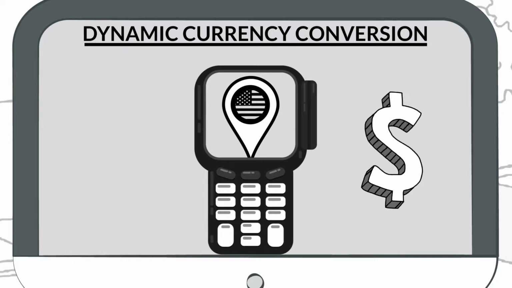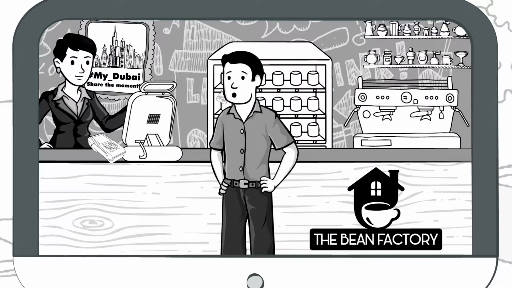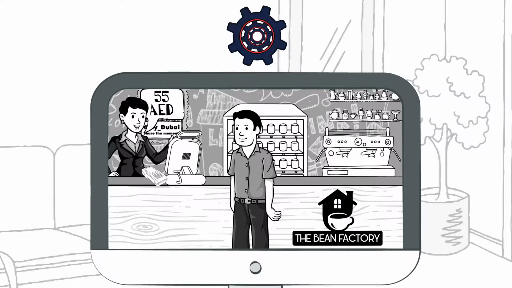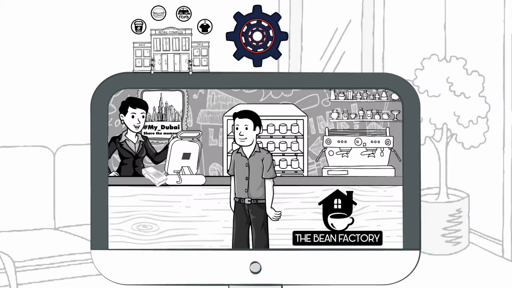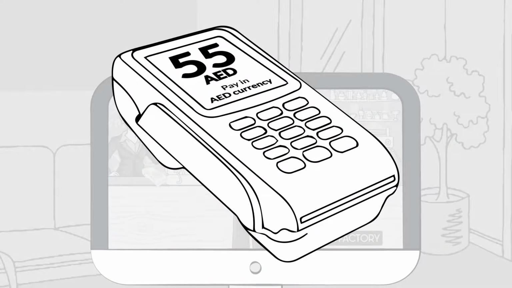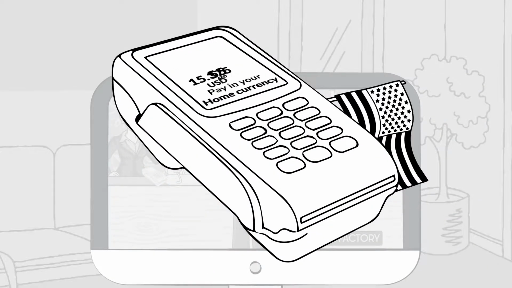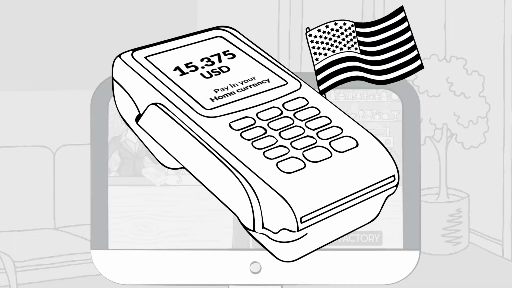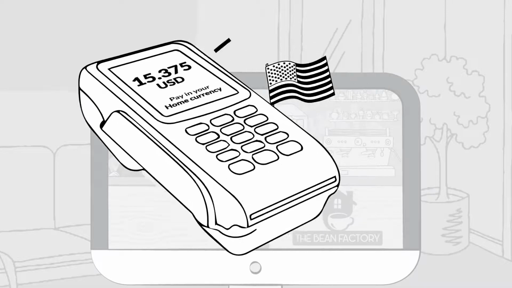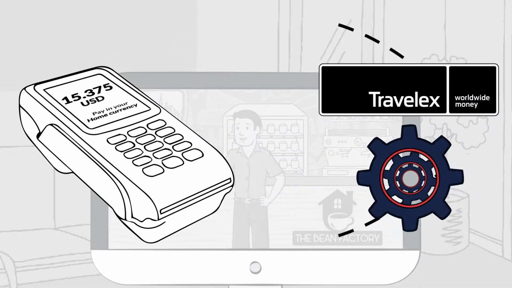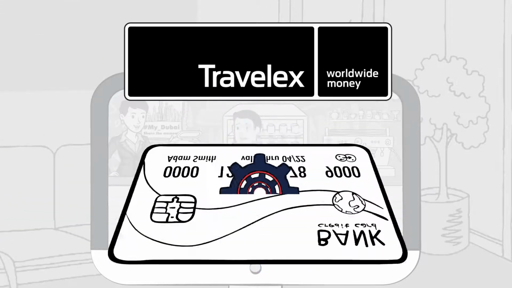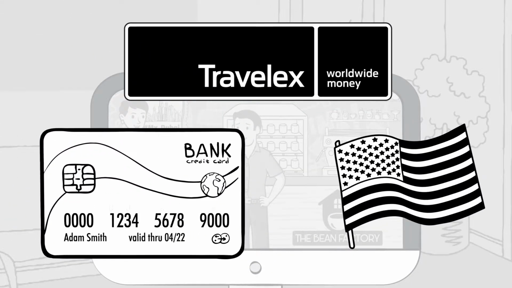To see how this works, let's review Adam's scenario, rerun with the Travelex currency conversion capability installed on your partner's or your own individual point-of-sale systems. This time, he sees the option to pay in his local currency on the point-of-sale screen. However, behind the scenes, information about the transaction has been sent to Travelex instead of the issuing bank. Travelex recognized Adam's card as an American credit card.